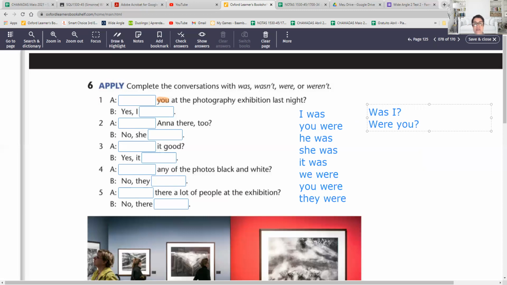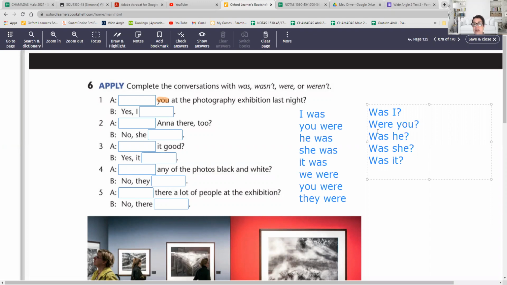Okay, guys, can you see that? Yes? So you just have to change the position of the verb. Next one. He was. How can I transform that into a question? Was he? Okay. Was she? Was it? Very simple, just like playing domino.